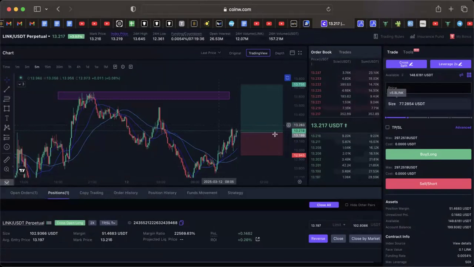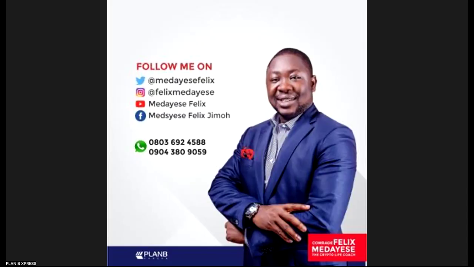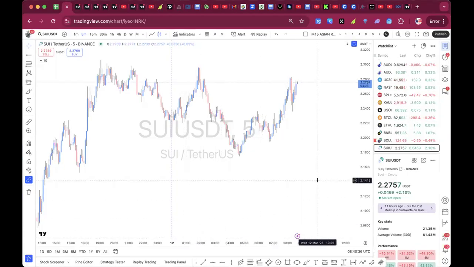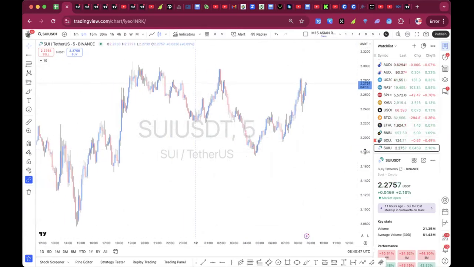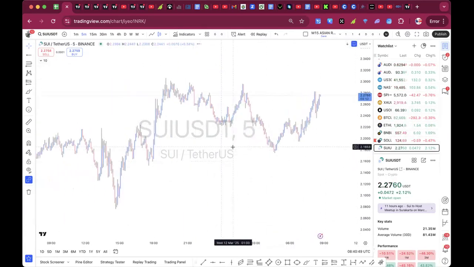So I just have to do this before we go into the proper thing. Now, ordinarily to trade this, let's go to what we are supposed to do. So we're going to go to TradingView. To organize trading, you will have selected coins.